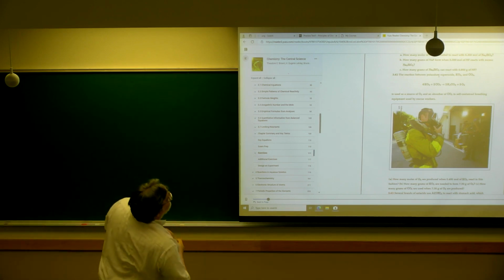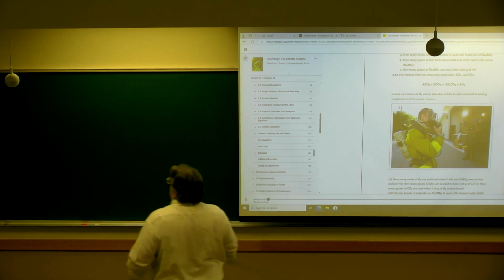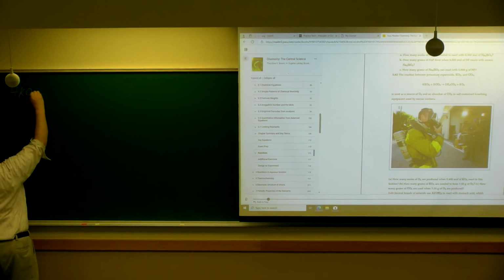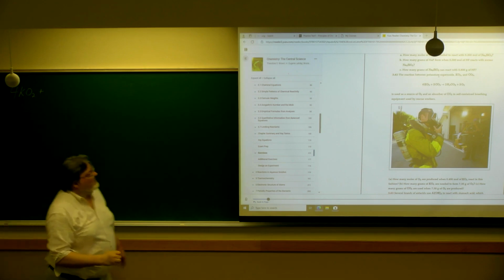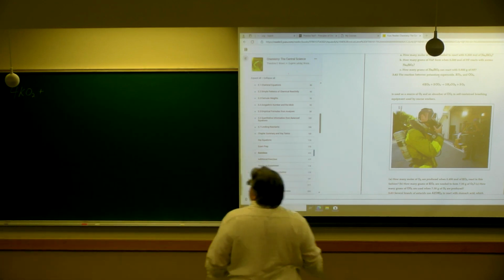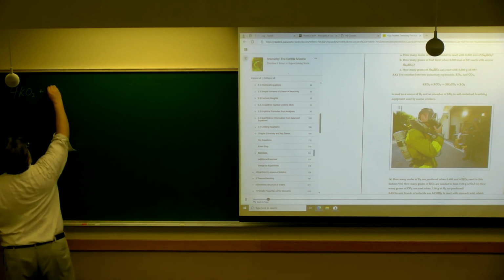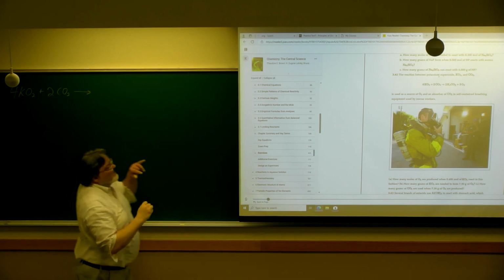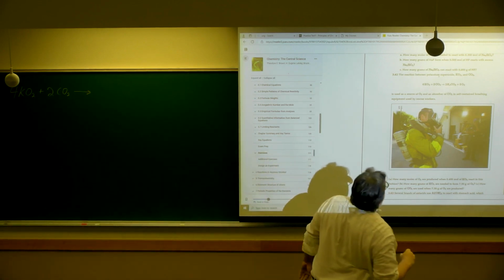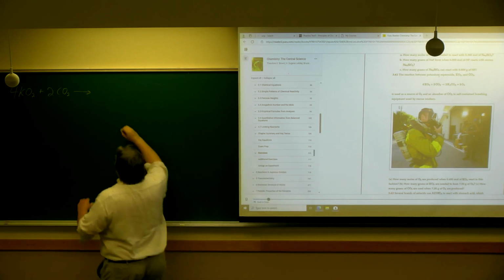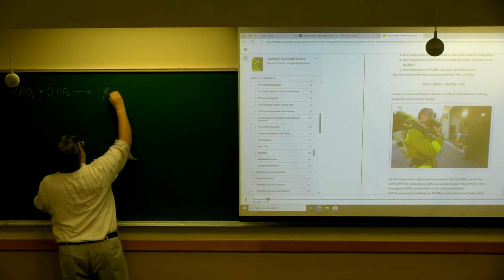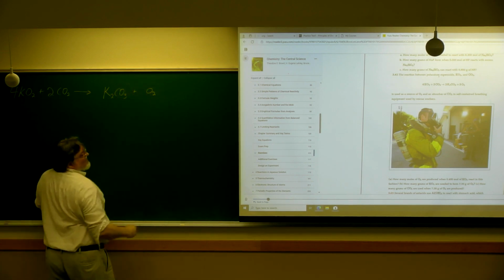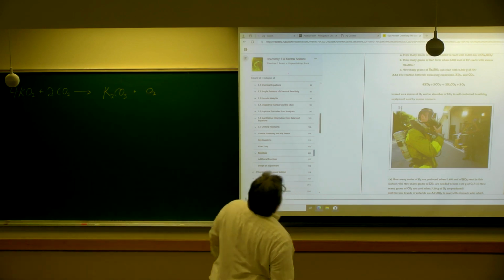And I want to rewrite it for KO2 plus 2CO2. Put those two in together and they react and they become K2CO3 and O2. And what are the coefficients? 2 and 3.